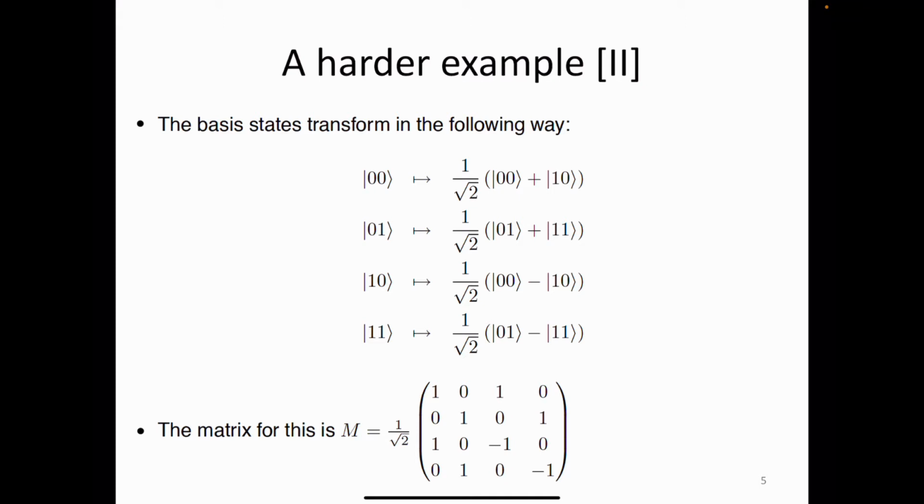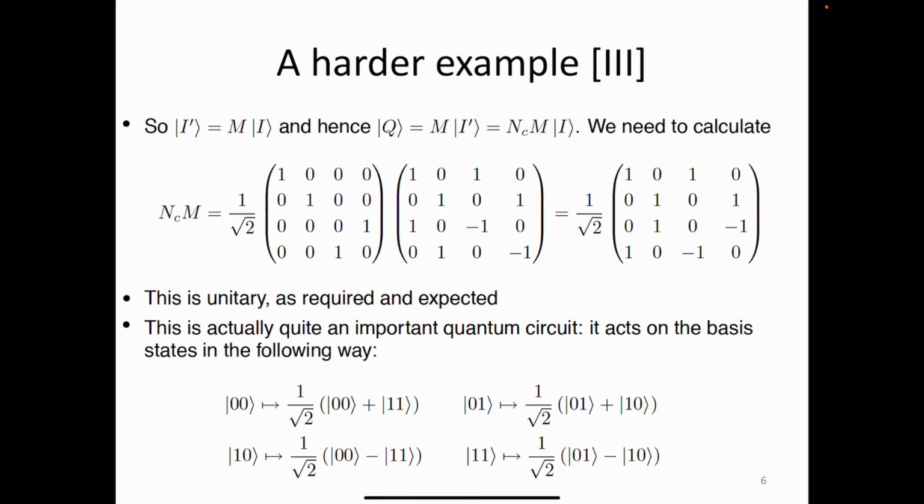And now taking that M transformation, we can move on and take the controlled NOT transformation that we also already know and use the controlled NOT operation and multiply it with the transformation M to create a new transformation, which is this one here.